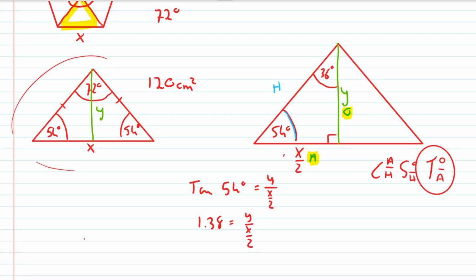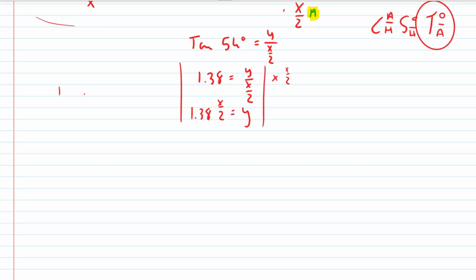I want to know what y is, so I multiply this side by x over 2, to get rid of the x over 2 here, and I'll have 1.38 multiplied by x over 2. So the height of my triangle is that.